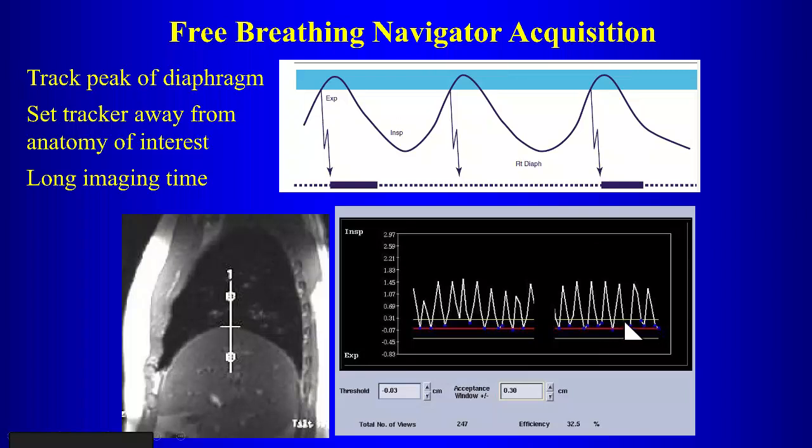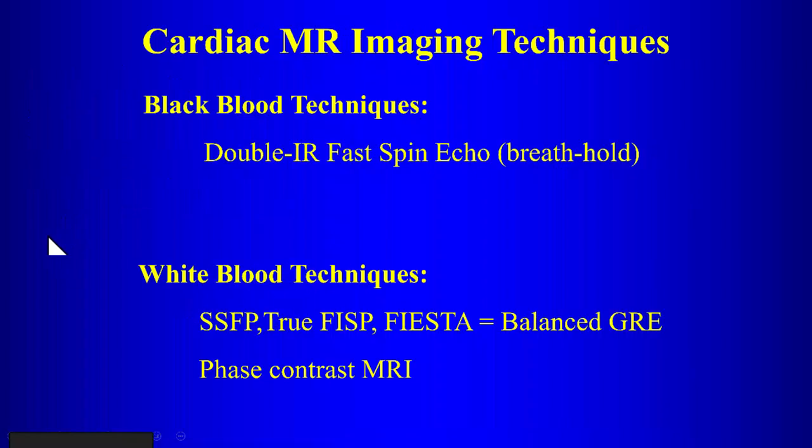These can be used for coronary artery imaging if you want to image the coronary arteries using MR. There are other sequences where you can use it also. But the problem is it takes a long time to run the sequence because there's so much information that you're throwing away. You're only keeping the information when the diaphragm is within this narrow window. Okay? Free breathing navigator acquisition.